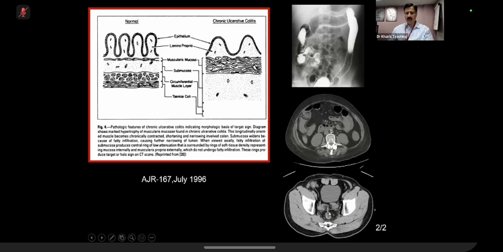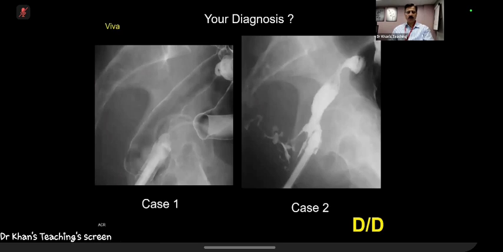So this gives you that target type of appearance, and the lumen will be narrow because the mucosa is thickened and everything is thickened. This is again fat in the ascending colon and cecum because of the same thing. So this is the mechanism of development of the lead pipe appearance.